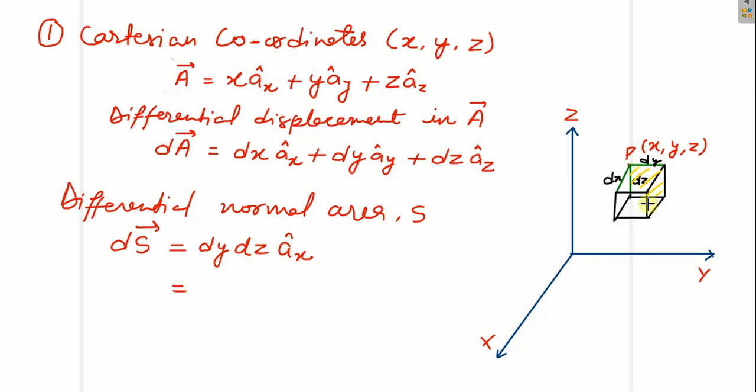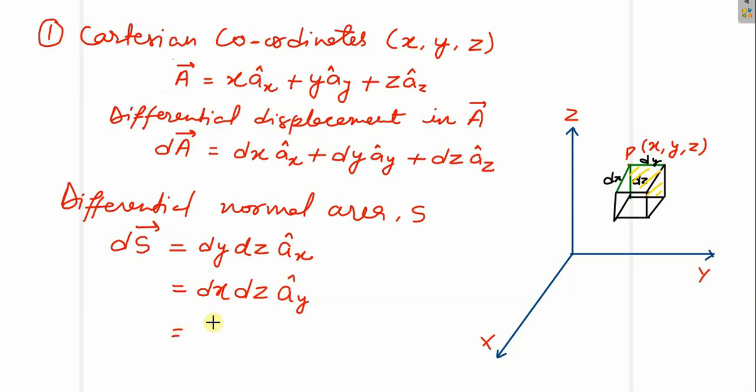Now again we can have a different dimension also. Let's say if I form the area with dx and dz. Similarly, length into breadth is the area, and the direction of the unit vector normal to this surface will be ay.